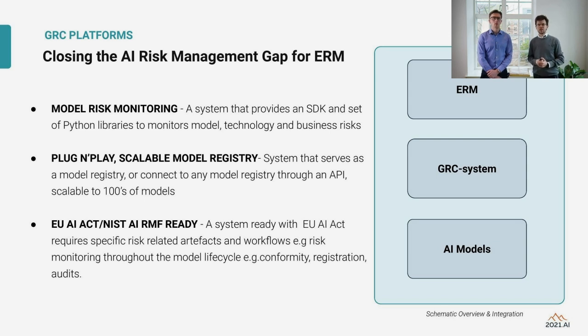Squeezing in between, a GRC system for AI would allow us to manage the regulations, manage requirements, and capture all the necessary information that can later be transferred into the ERM system, and with that inform all the established general workflows around risk management.